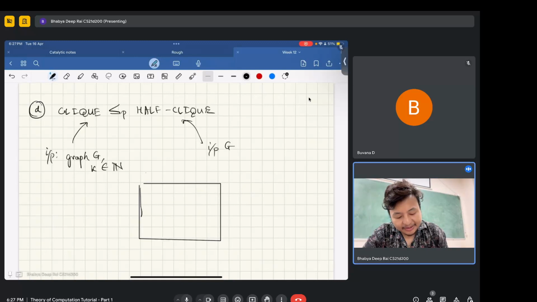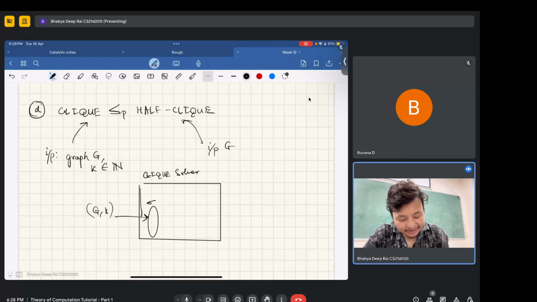If I can make a clique solver as follows: as input I give G and K, a graph and a number K. I do some surgery on it, call it sigma, and this will give a new graph G prime. This G prime will be fed to a half clique solver.